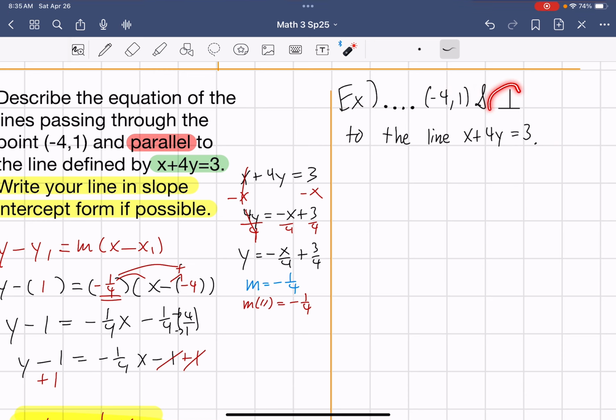But what would happen if it was perpendicular? Well, looking at this line, we know the slope of the line was -1/4. But let's not forget, I want the line to be perpendicular.